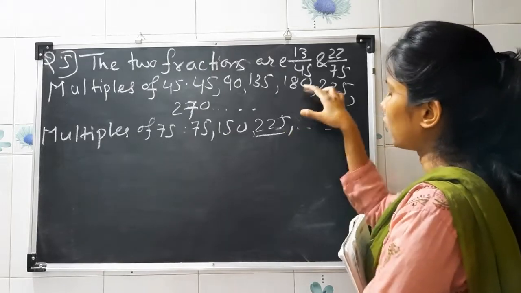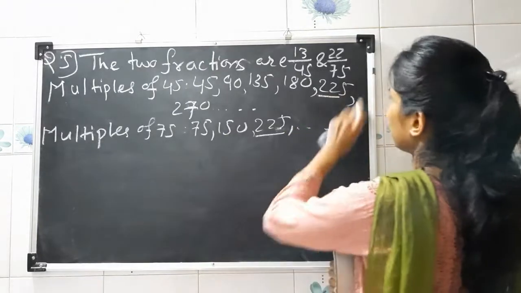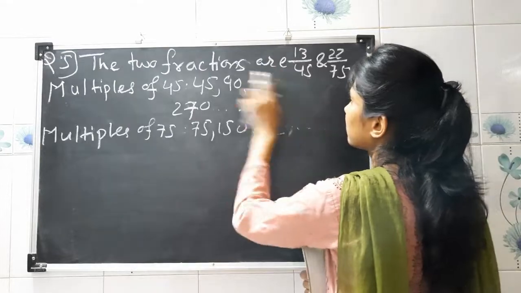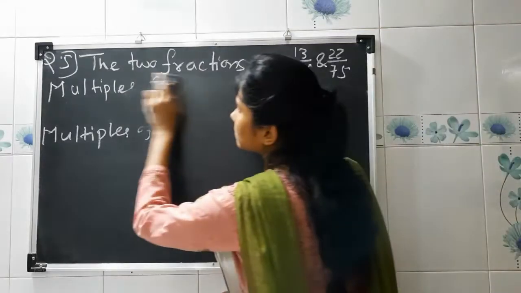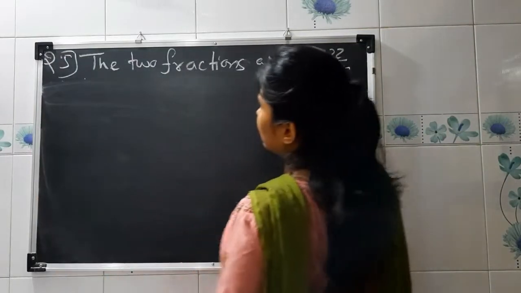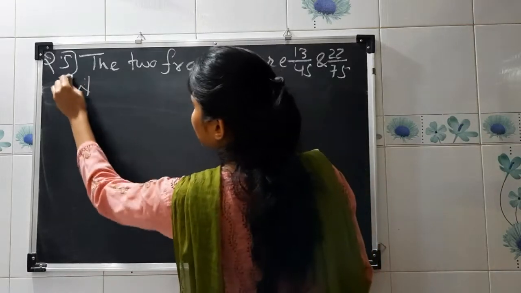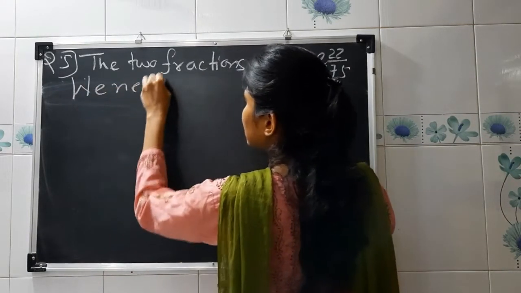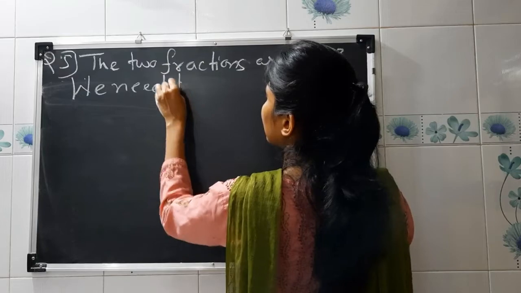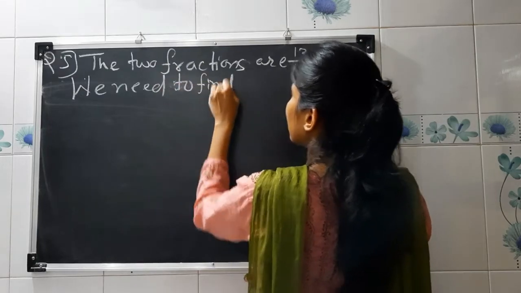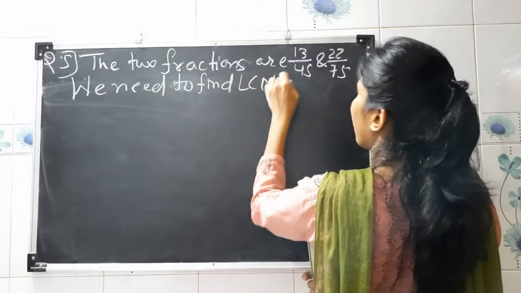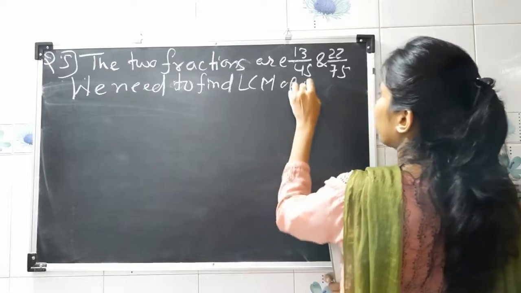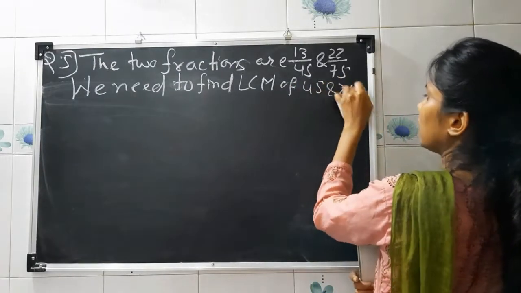Therefore first we need to find the LCM of 45 and 75.